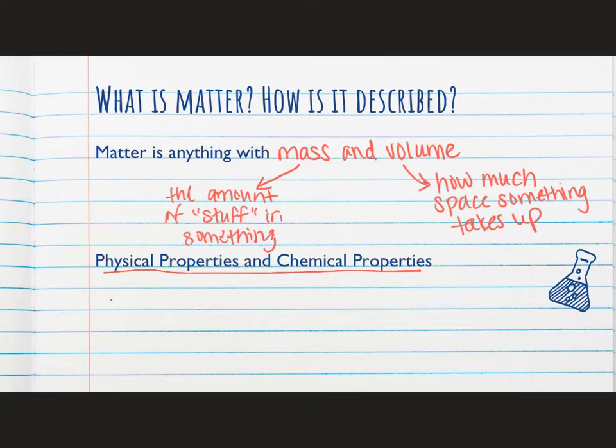So properties are just like characteristics that describe. So, for example, I might say that my t-shirt is soft. Or I might say that the water is clear or something like that.